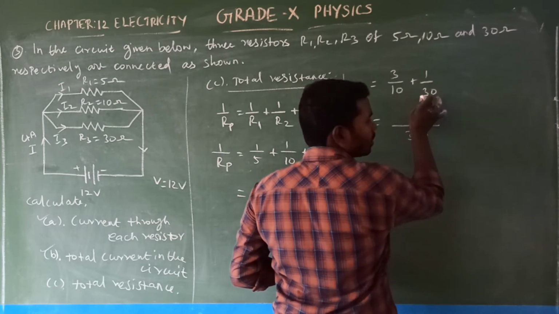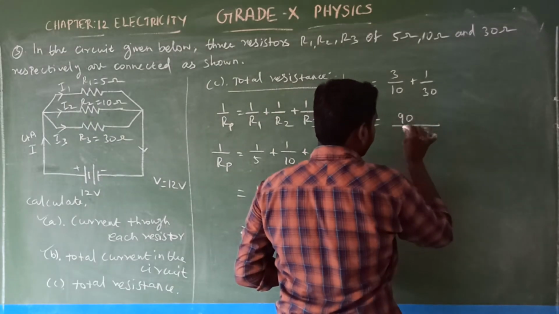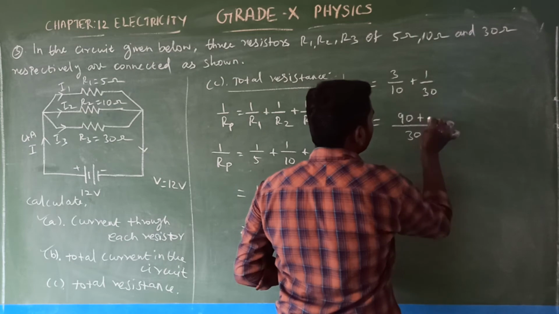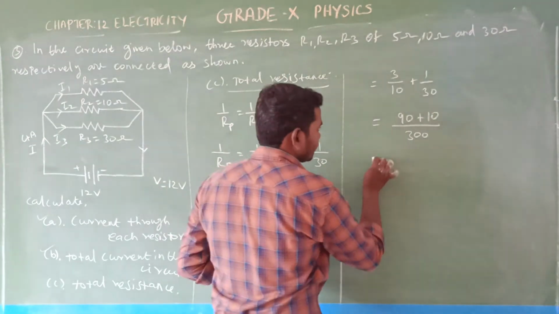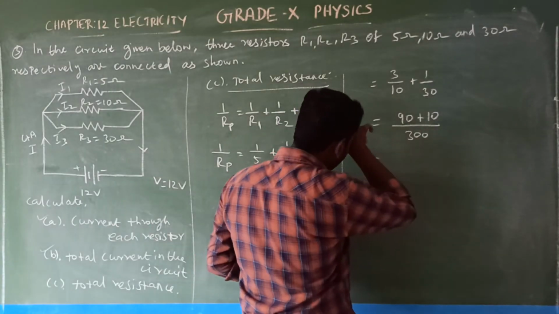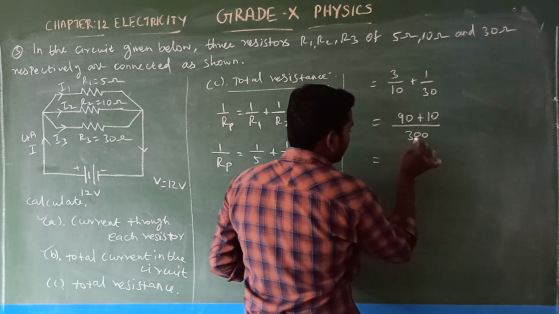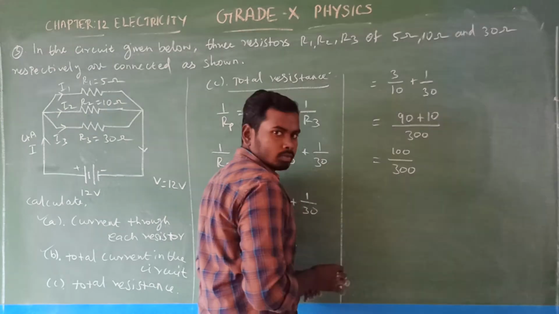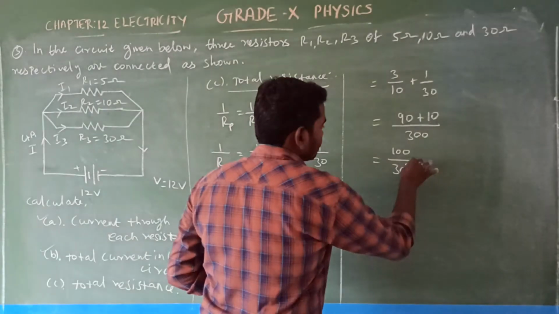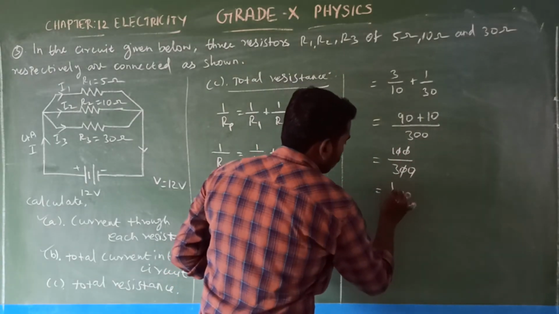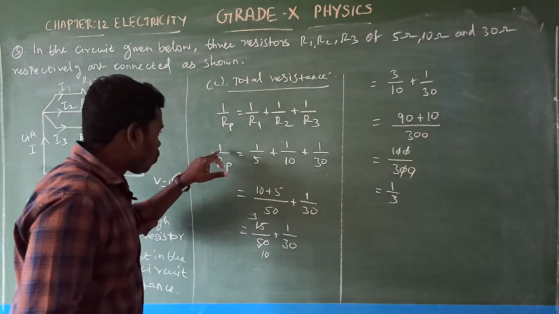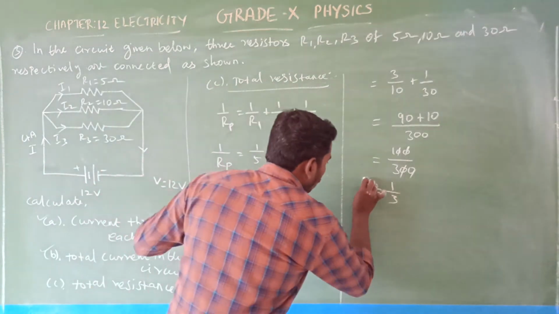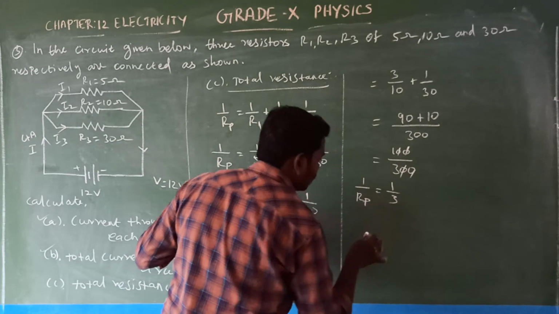So 3 into 30, that is 90, plus 10 into 1, that is 10, isn't it? Yes. So 90 plus 10 is equal to 100, divided by 300. Look here, the zeros cancel, so 1 by 3 remains. So 1 by Rp is equal to 1 by 3.